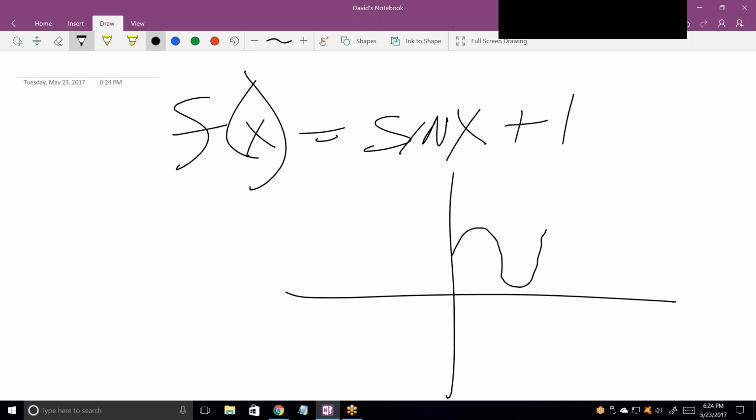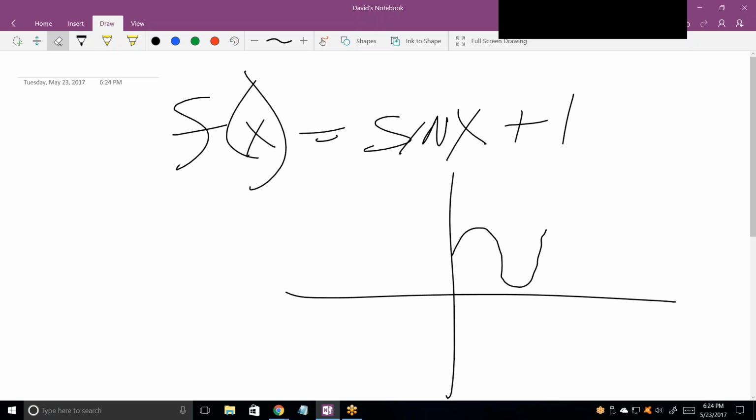Well, that doesn't have symmetry over the y-axis or the origin. There's no symmetry over the origin. For something to have symmetry over the origin, pretty much it almost has to go through the origin, although that's not really true.